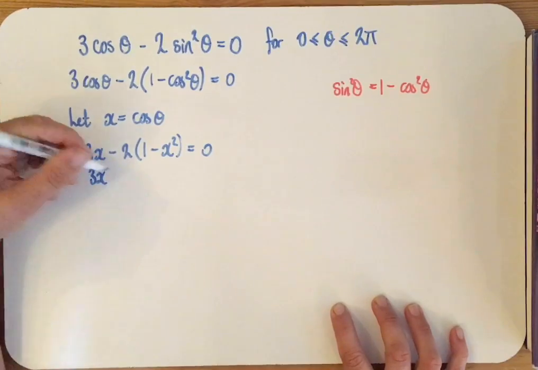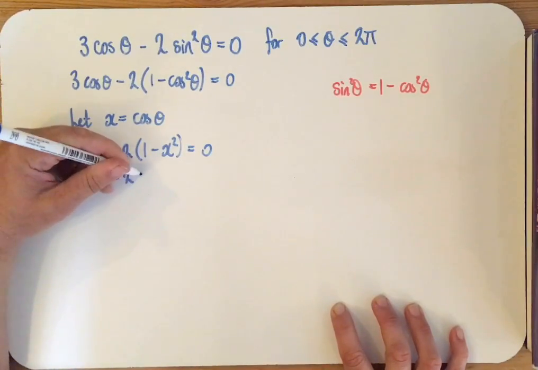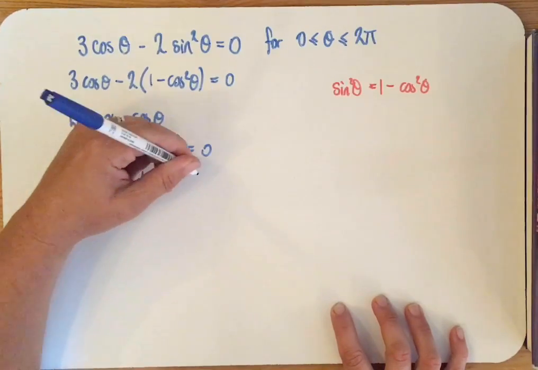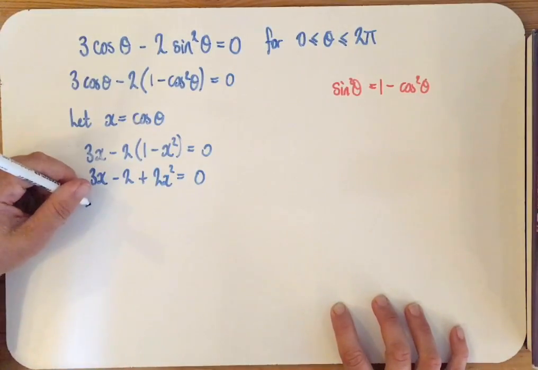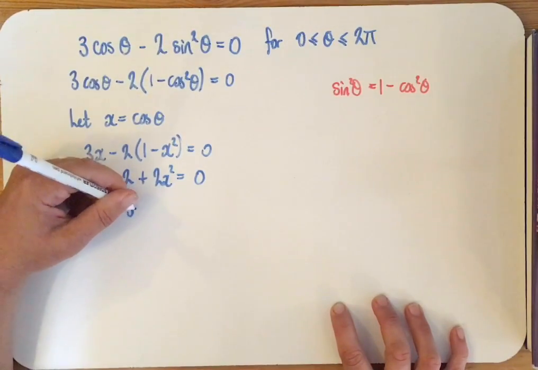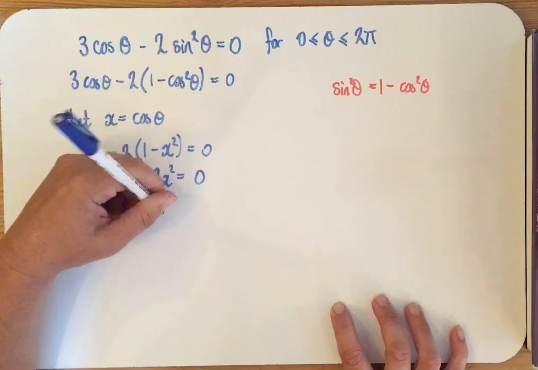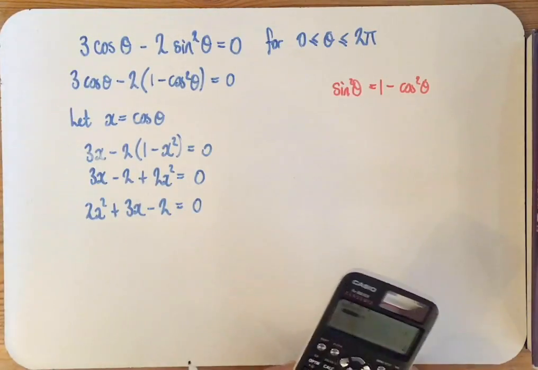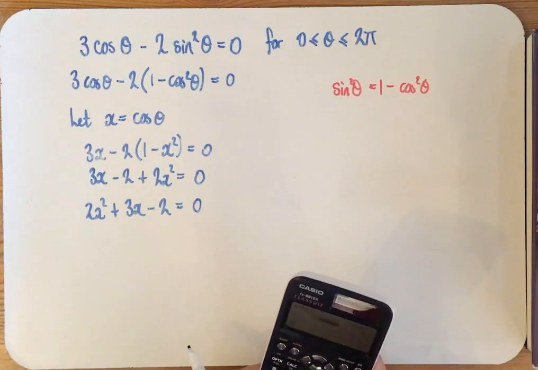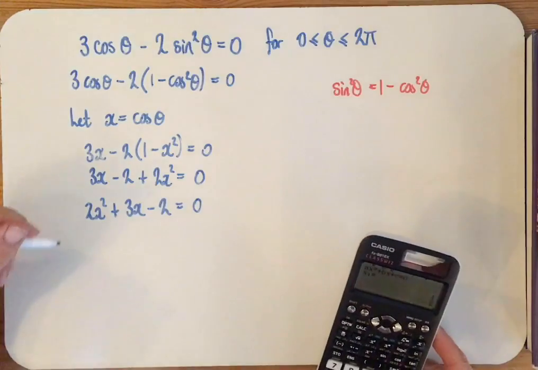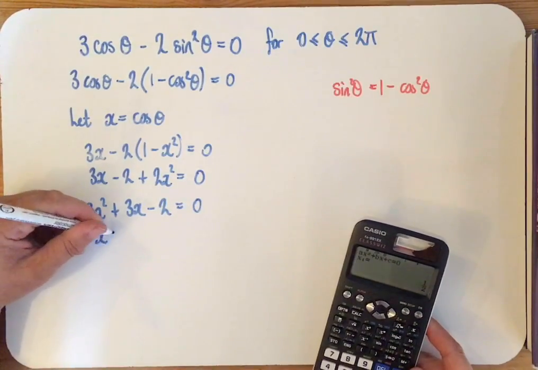So I get 3x minus 2 plus 2x squared equals 0. So 2x squared plus 3x minus 2 equals 0. Then you can pop that into your calculator to solve it, or you can factorise it if you want to.